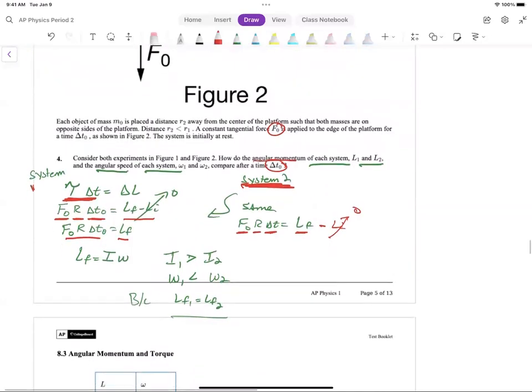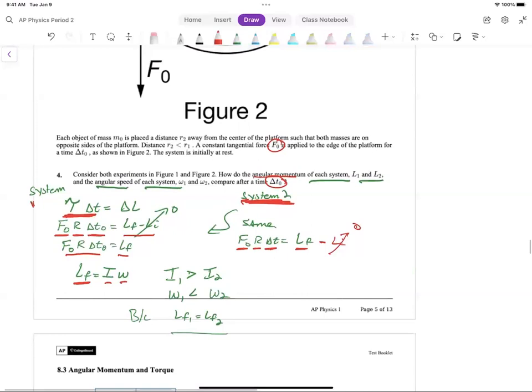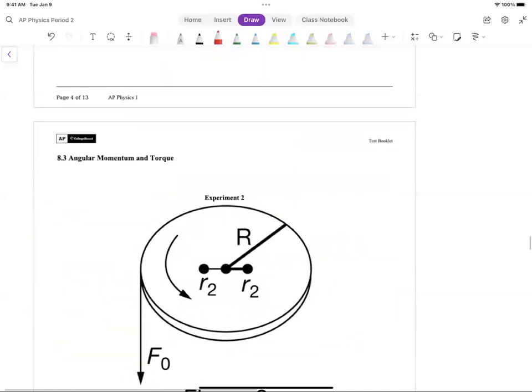Now, how about the angular speeds? Well, we know the final angular momentums are the same, which is equal to I times omega. We'll look at I values for each of these systems. The rotational inertia for I1, for the first one, has to be greater than I2 because I is something related to the mass times R squared.